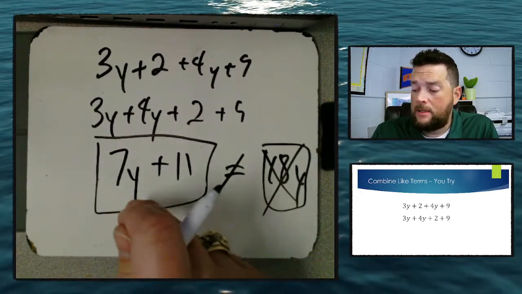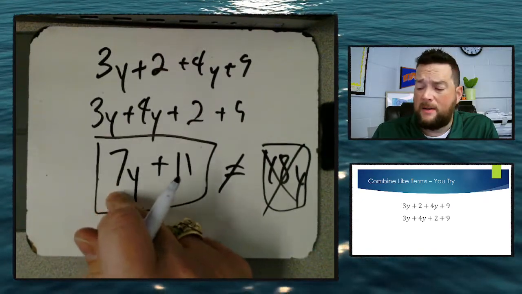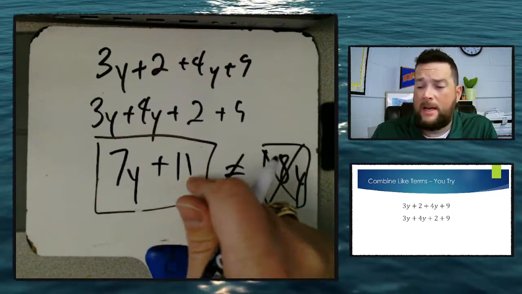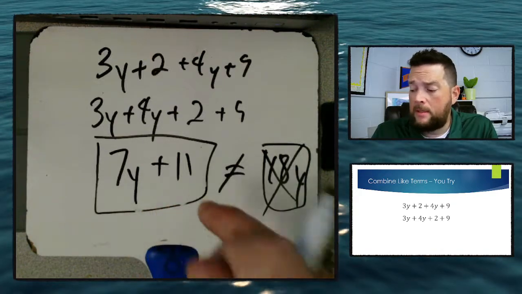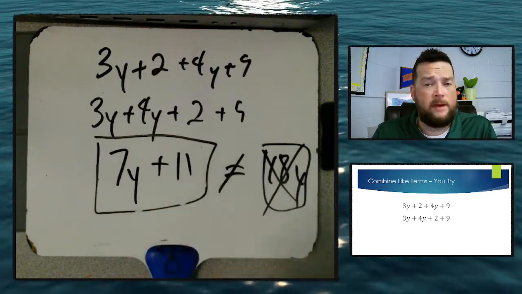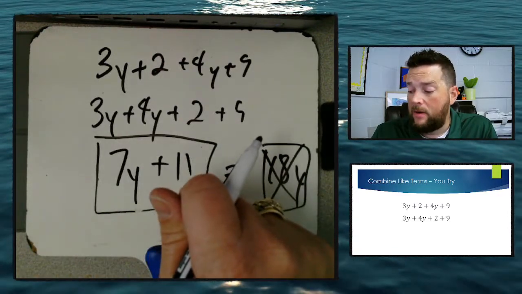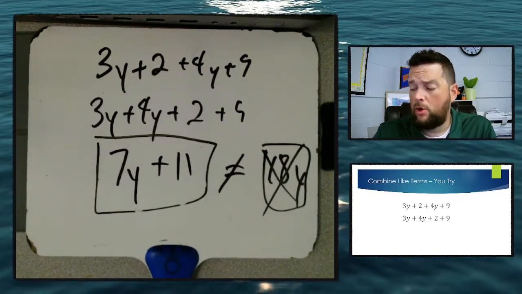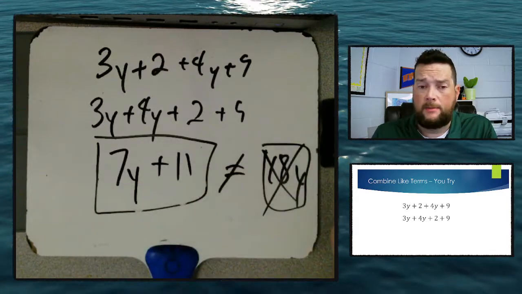And so right here, that 7 doesn't really have a value. It has a function. It's being multiplied by y. Whereas that 11 over there doesn't have any variables next to it, so it's a constant, which means it does have a value. It doesn't have a function. It has a value of 11. So we're adding 11 to whatever y is times 7. So make sure that you don't make that unnecessary mistake by adding those together, all right?